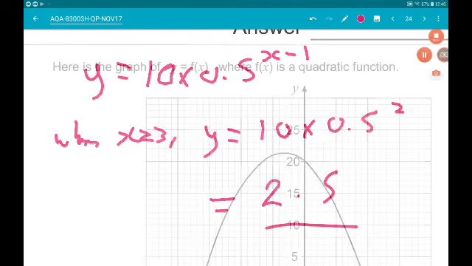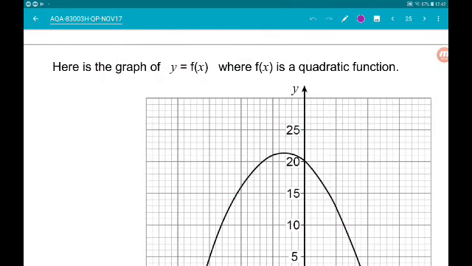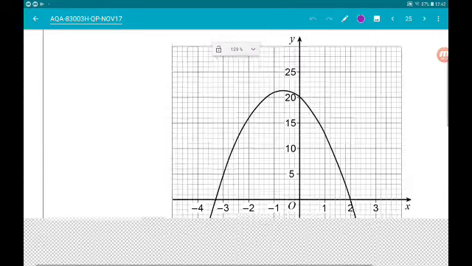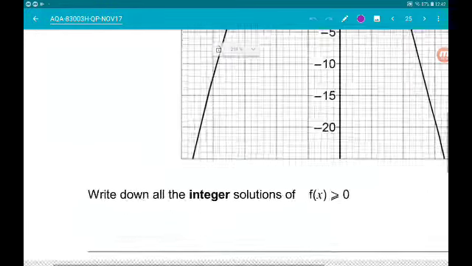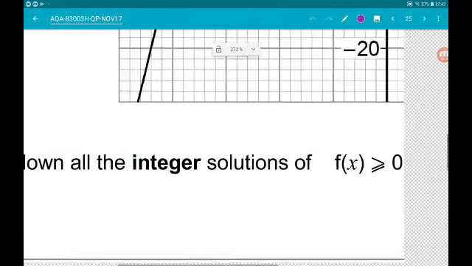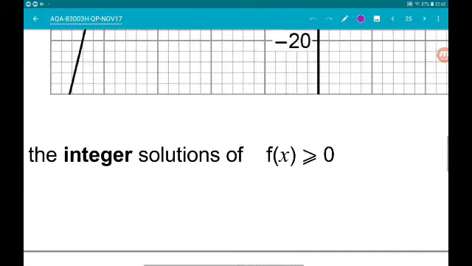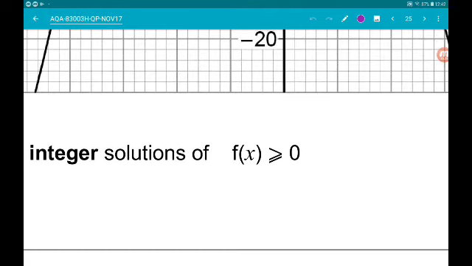Cool. Okay, question 29, we have a quadratic inequality. So we've got the graph of y equals f of x, where f of x is a quadratic function. We want to write down all the integer solutions of f of x is greater than or equal to 0.